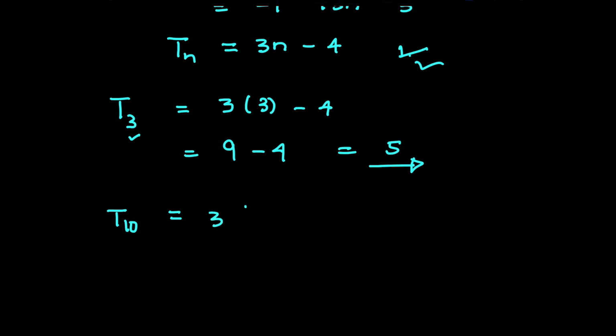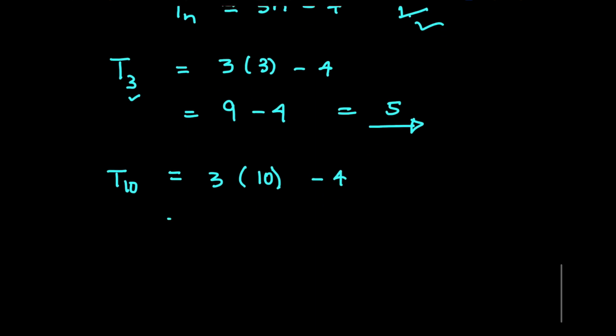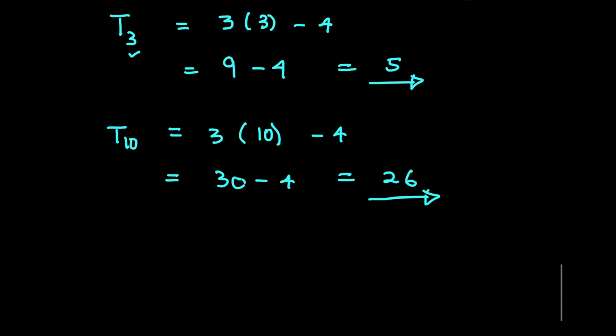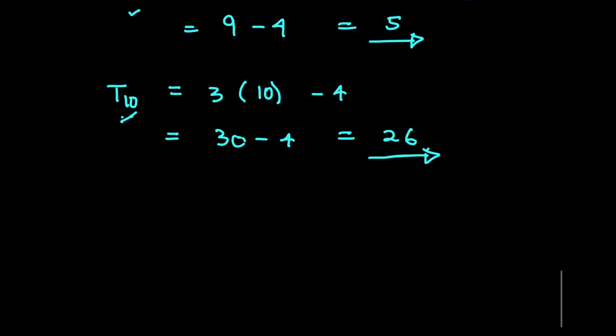It's going to be 3 times 10, wherever there's n, minus 4. So 3 times 10 is 30, minus 4. That is 26. So in this sequence, the term in position number 10 equals 26.